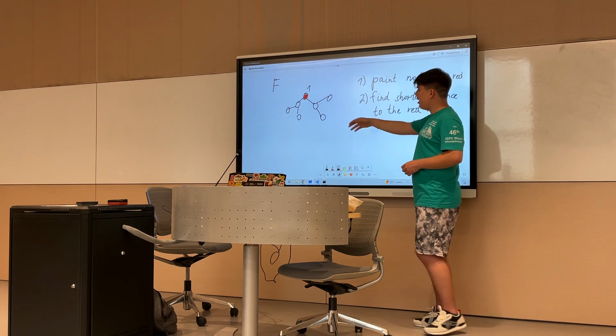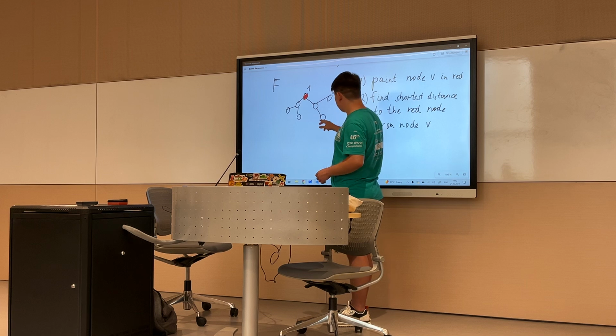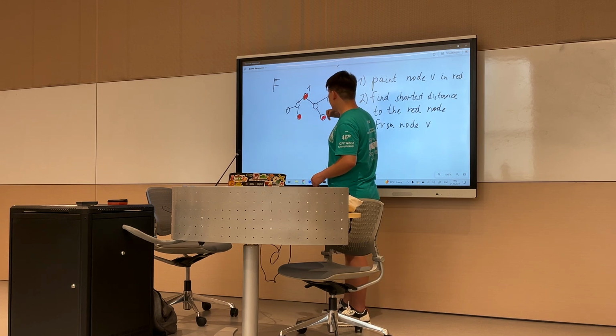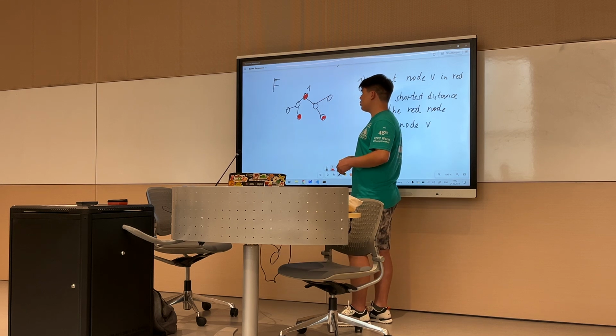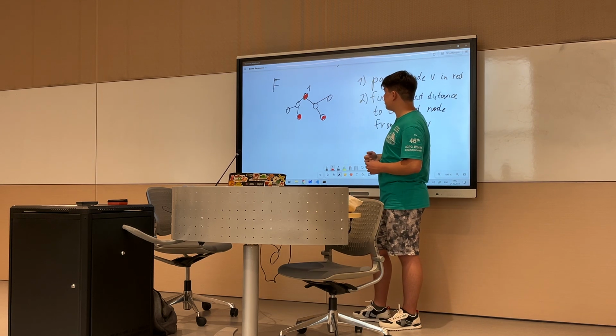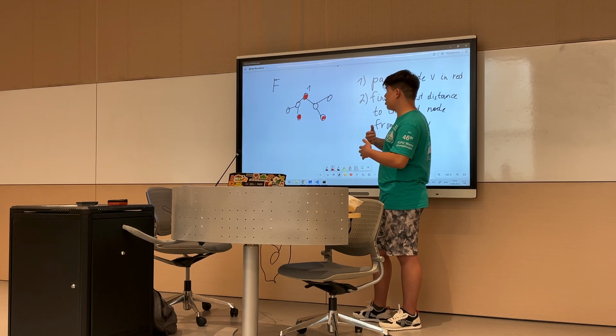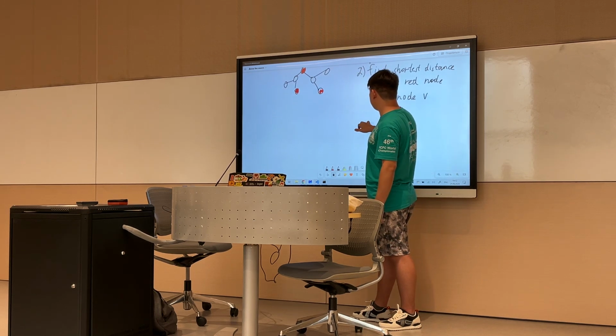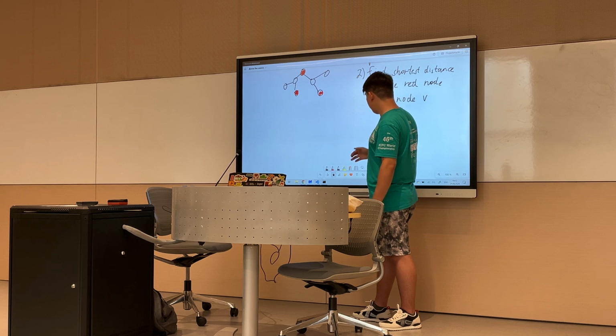We have a tree and some vertices colored red. And for every vertex, we need to find the nearest red vertex. We need to find the nearest red vertex with centroid decomposition. With centroid decomposition, that is not a hard problem.